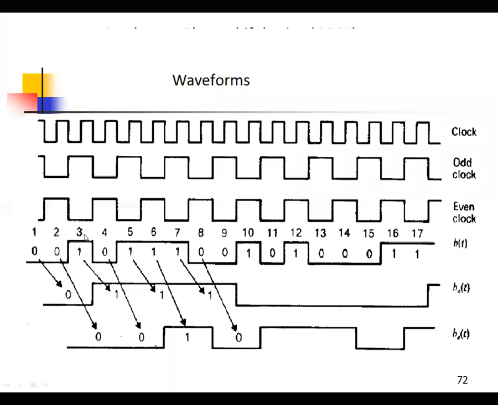So 1, 3, 5, 7, 9, 11, 13, 15, 17 are the odd numbers. That is, the odd bits are activated by the odd clock. The time durations are 1 to 3, 3 to 5, 5 to 7, 7 to 9, 9 to 11, 11 to 13, 13 to 15, 15 to 17.